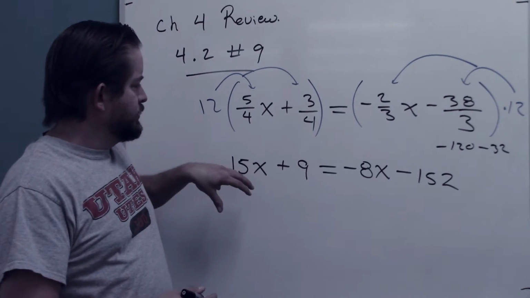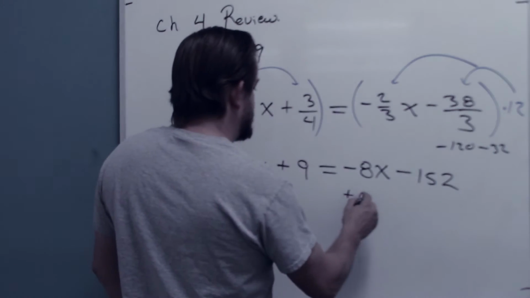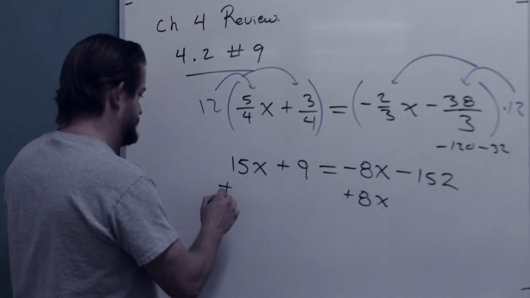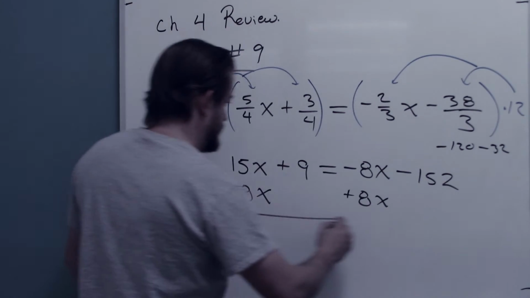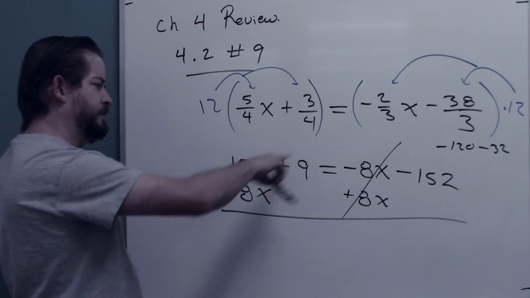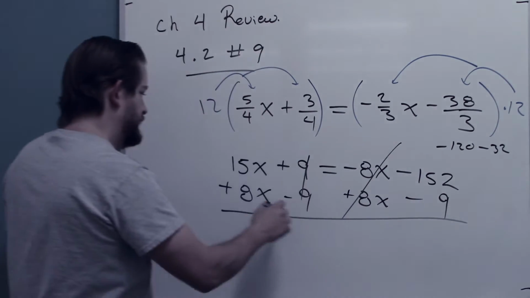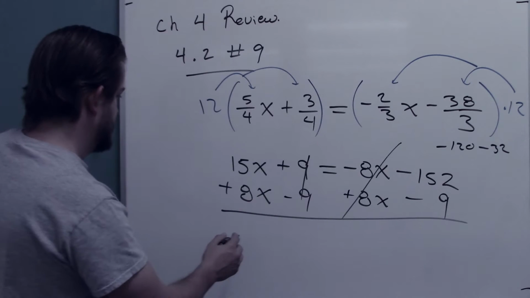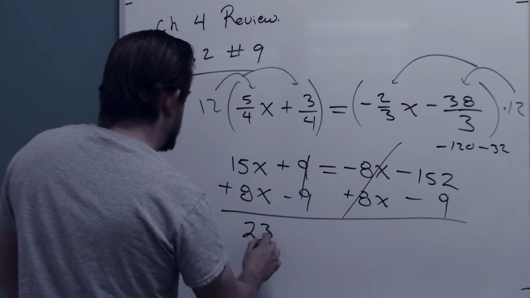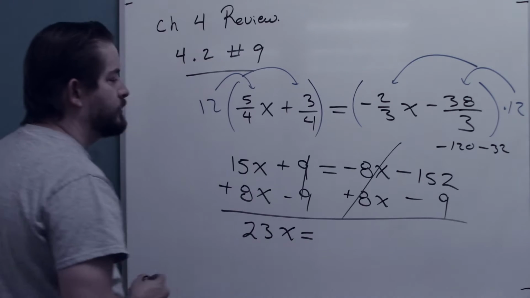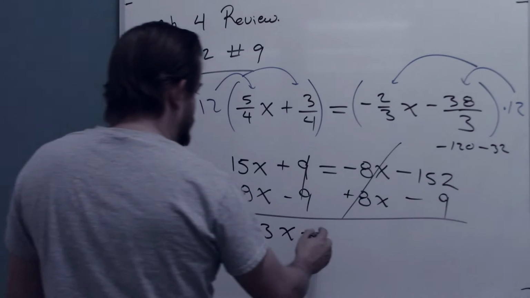I want to get all of these onto one side, so I'm going to add 8x. Now to get all my x's to the left, may as well kick this 9 out of the left, put it off to the right. So that gives me 23x is equal to negative 161.